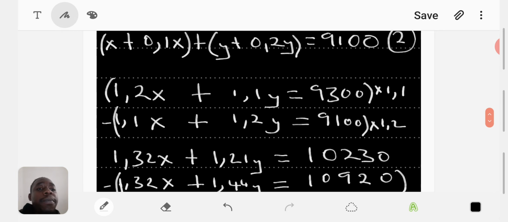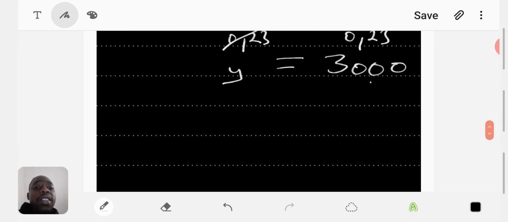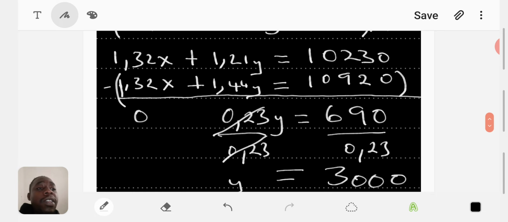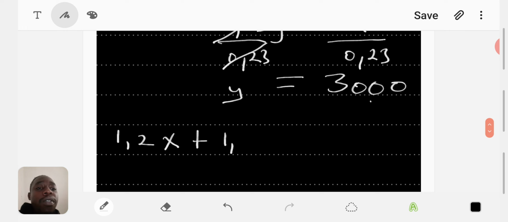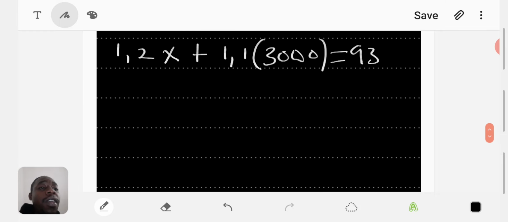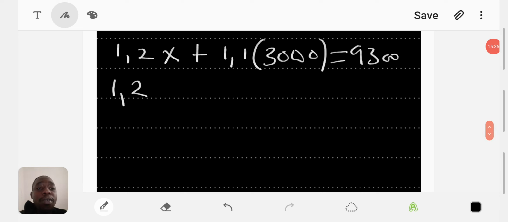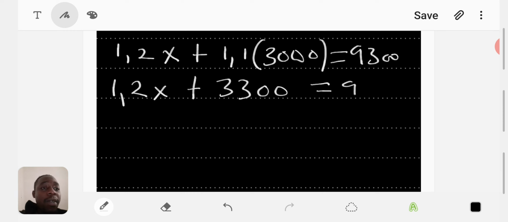Then if we substitute the value of y into the first equation, which is 1.2x plus 1.1 times 3,000, this will be equal to 9,300. So 1.2x plus 3,300 is equal to 9,300.